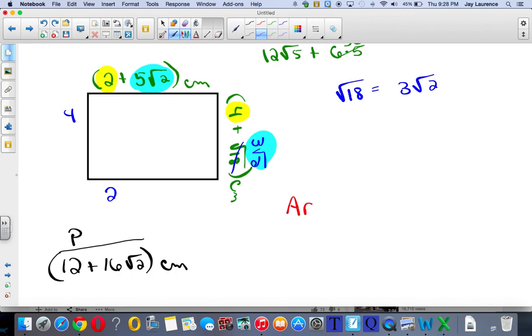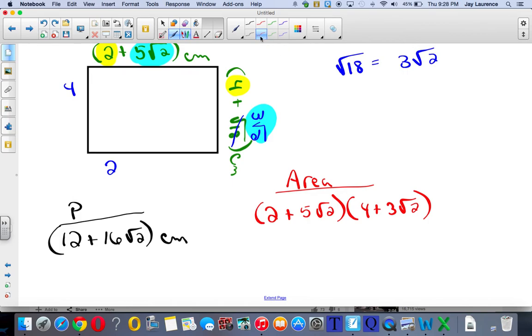So area, I'm going to take the quantity of 2 plus 5 rad 2 times the quantity of 4 plus 3 rad 2. And notice, even in this situation, I write my rational number first. Okay, now I'm going to double distribute. So I'm going to do 2 times 4, and I'm going to get 8.